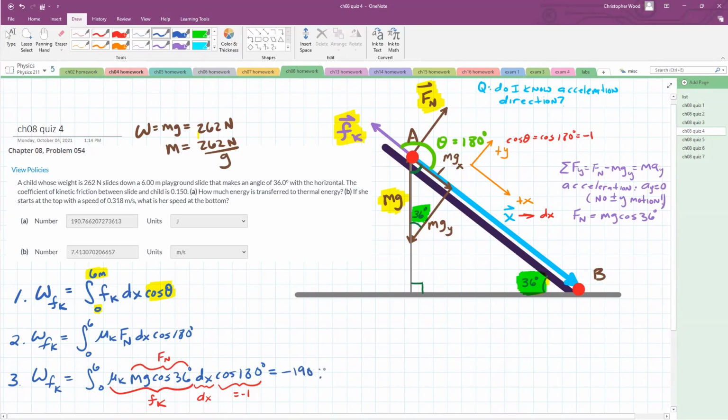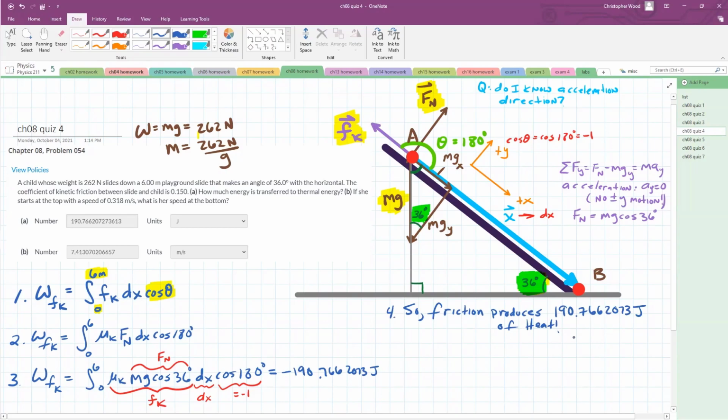Negative 190.7662073 joules. Number 4. So friction produces that much heat. That's negative work, but friction produces 190.7662073 joules of heat. That's part A.